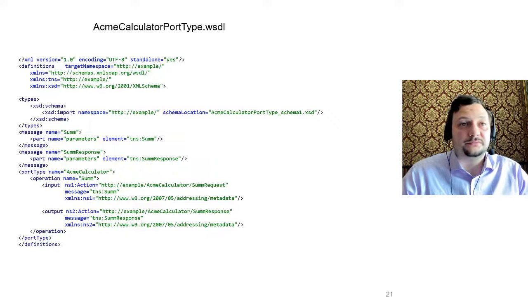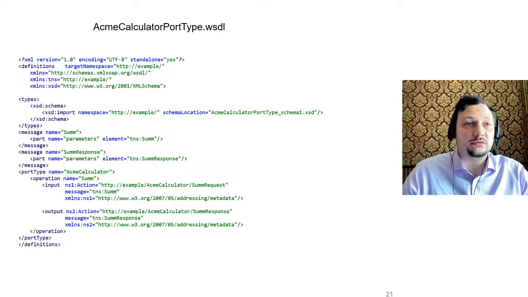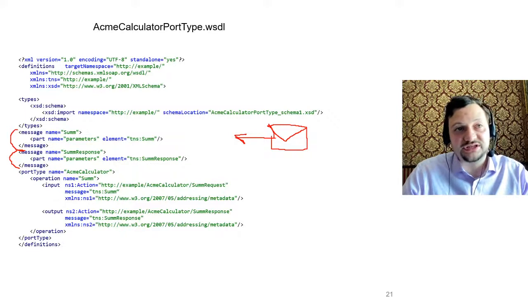So, port type. In the port type, we see that our first operation, sum, would have two messages. This is the input message that our service would receive, and this is the output message that our service would send as the result of the execution of the operation sum.